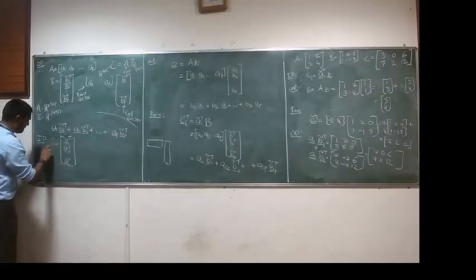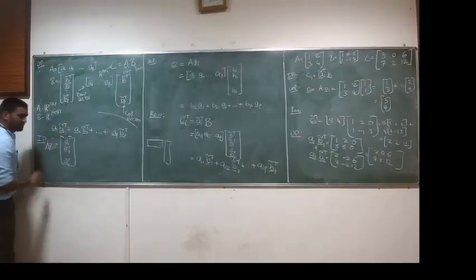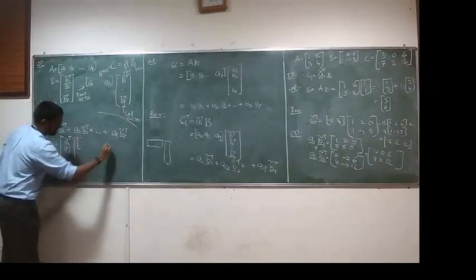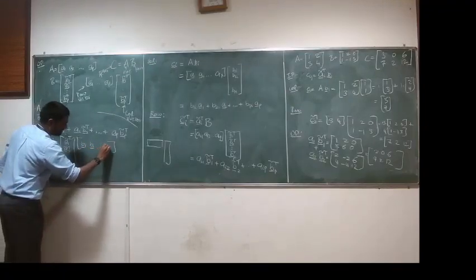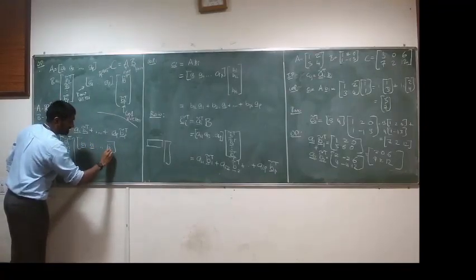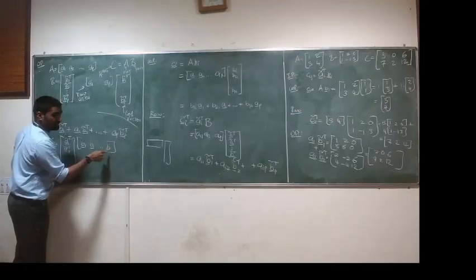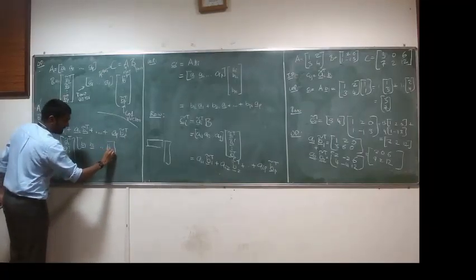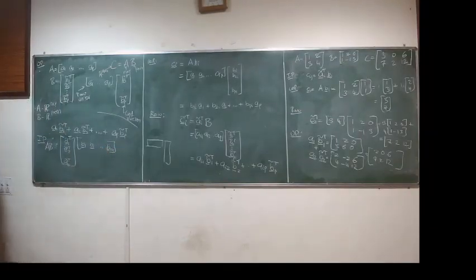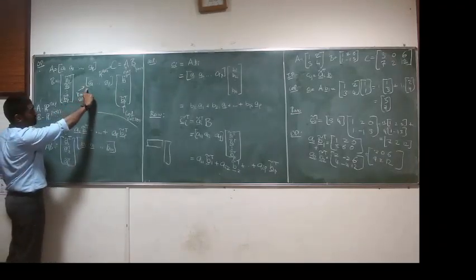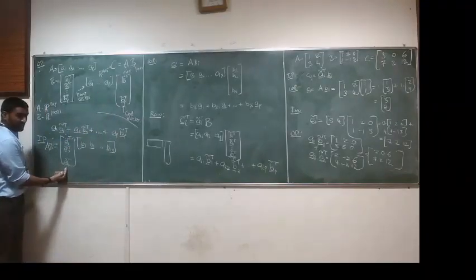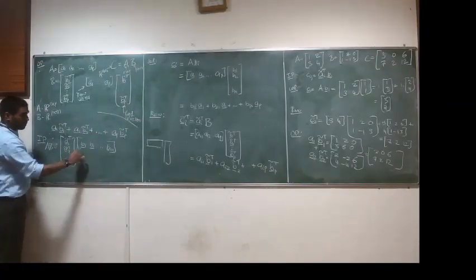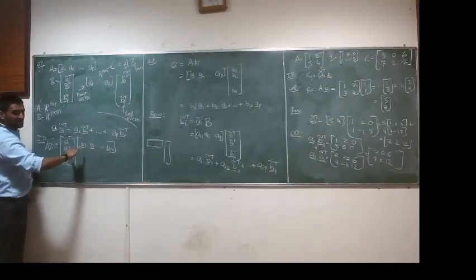So AB would become B1, B2, up to B. How many columns does it have? Here you're multiplying a row with a column. That was an inner product. You're multiplying a column with the row. What is this operation? It is an outer product.